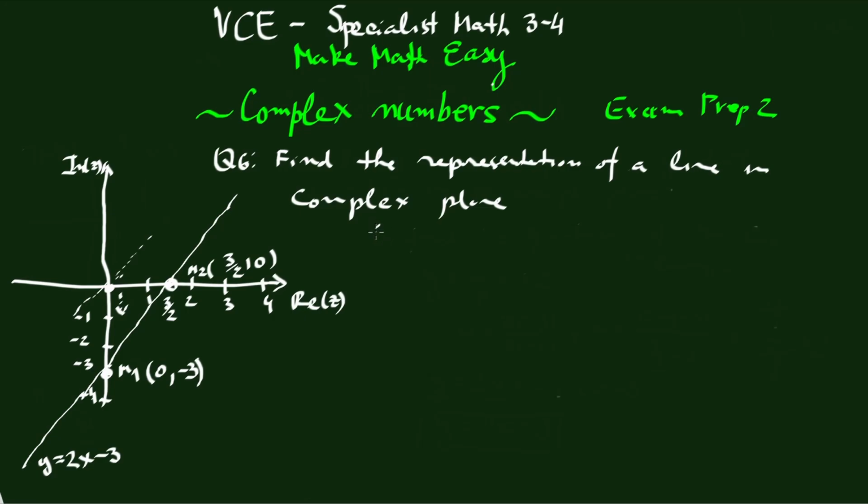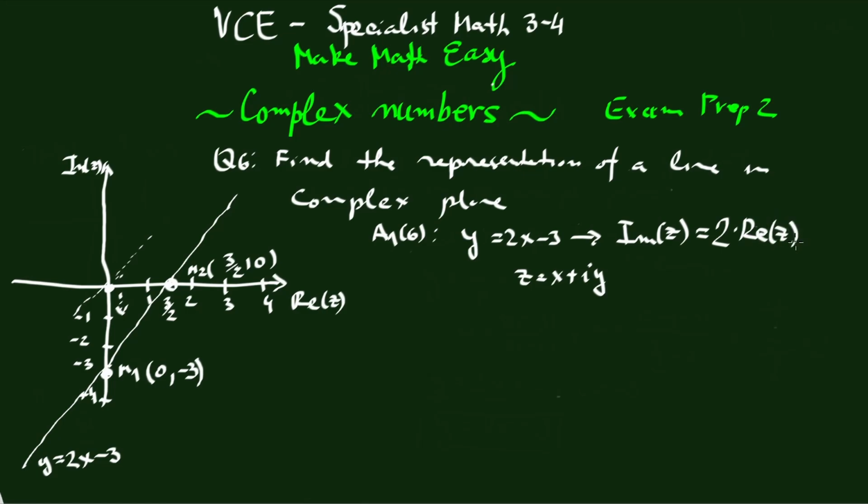So the answer 1 of question 6 would be, if y is equal to x minus 3, and we see that z is equal to x plus iy, then we can say the imaginary part of z is equal to 2 times the real part of z minus 3. So that would be our answer one way.